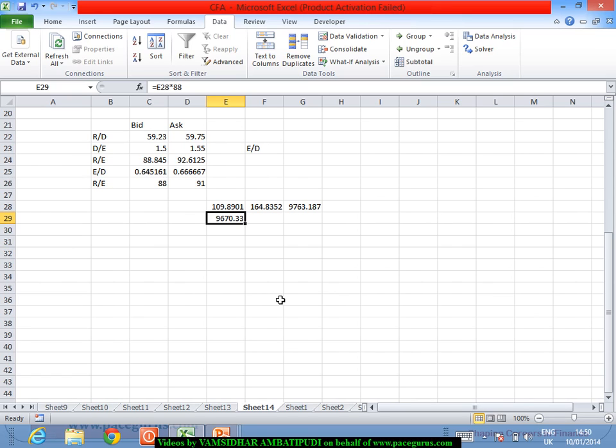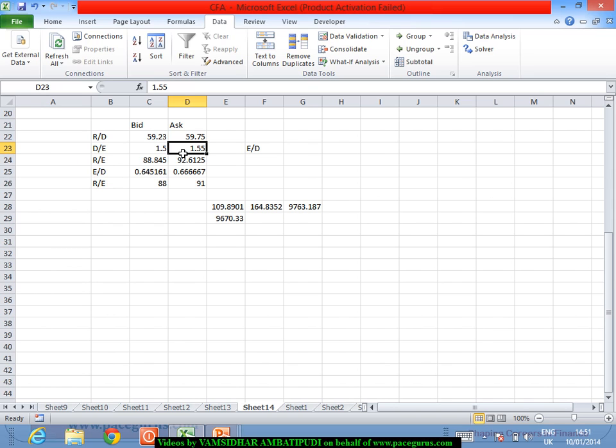So that is what we meant by using cross currency arbitrage to get a gain. We see that if I sell directly, I'm getting only 9,670, but by doing this, 9,763. And if the spreads are much smaller, there is a good way to make a big business by transacting in this kind of model.